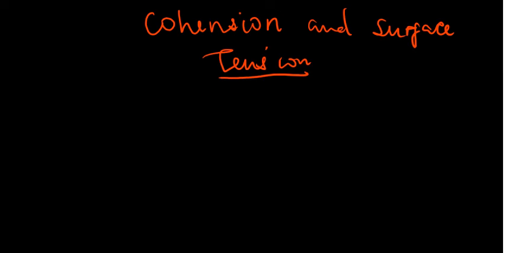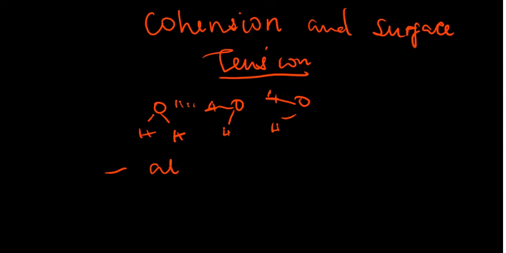So what happens is that we keep on talking about hydrogen bonding. So when we have water molecules that are here, right, we have what we call cohesiveness. So cohesion is basically an attraction between like molecules.